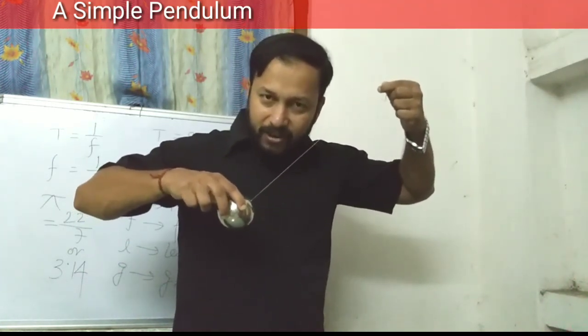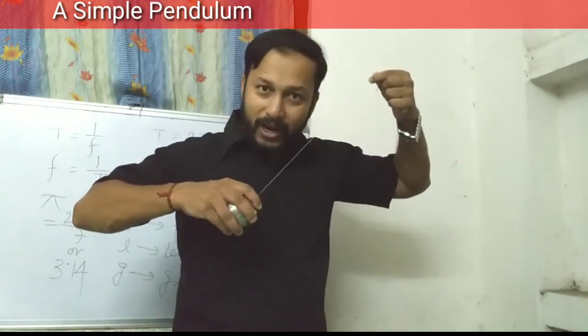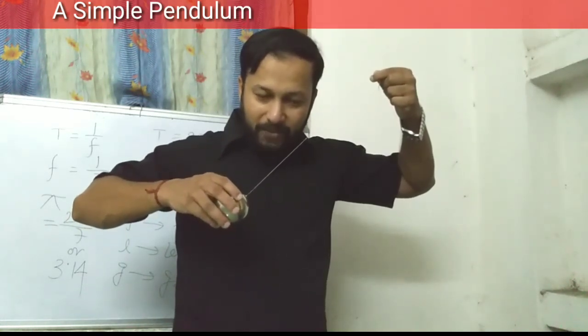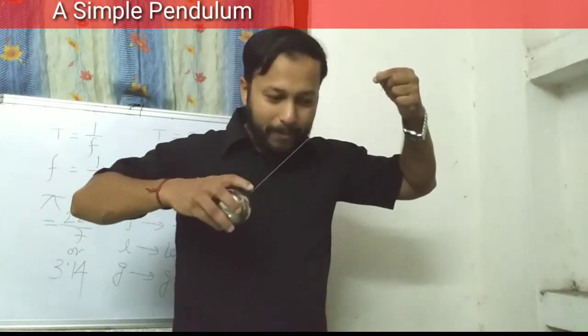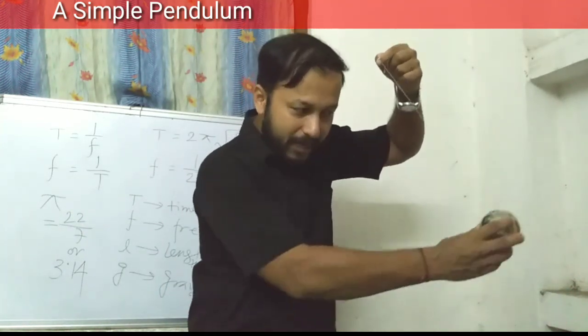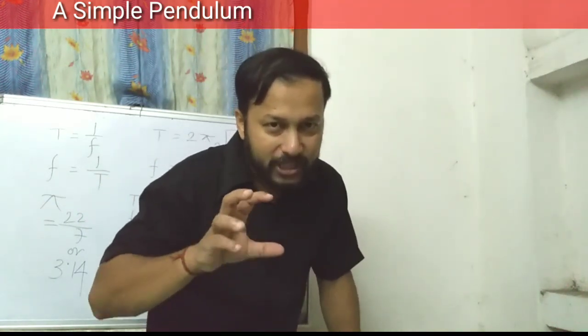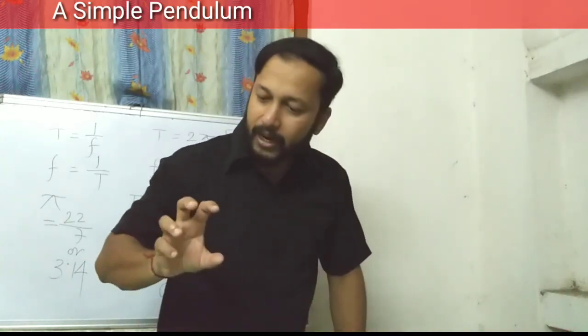Now if I leave the bob here, see. So first I am leaving the bob. See, it's going there and again it is coming here. Means first it's gone there, then again it is coming to this position. From which position did it start? From here. It is going there and again it is coming here.